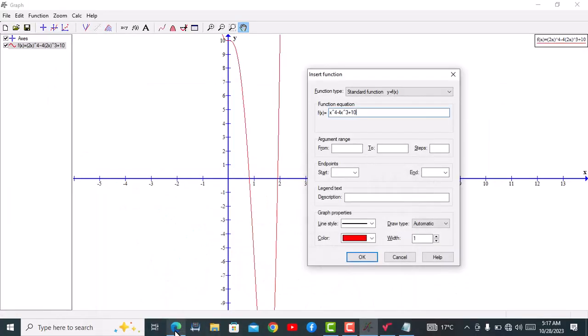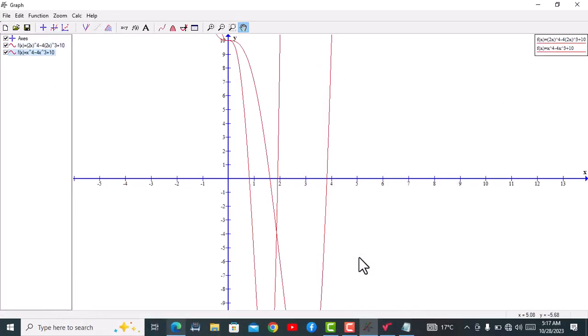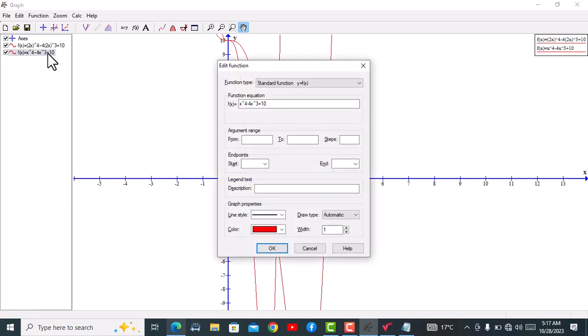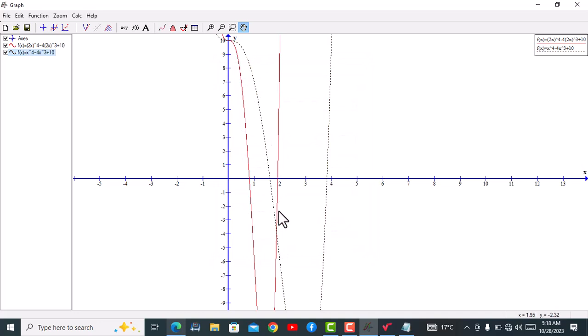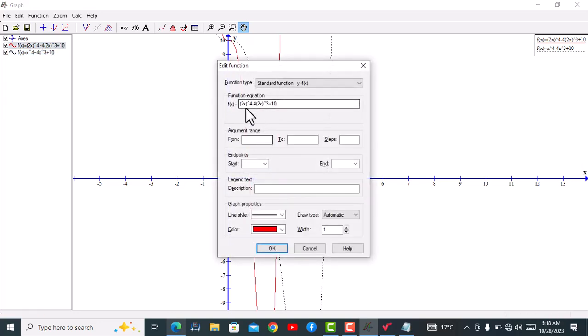Let me check if this is correct. x^4 minus 4x^3 plus 10. Yes, and let me just do this. You see, this is the original one, and let me just use a different color for that. Let me just use black. So this was the original one. Look, it was more widened, so it was compressed here horizontally, we say.